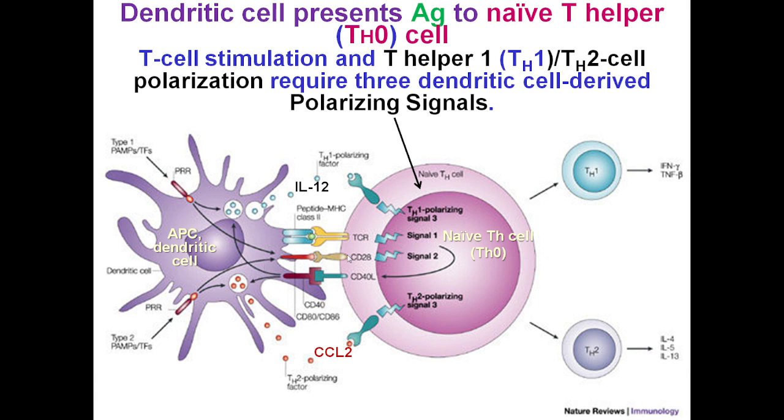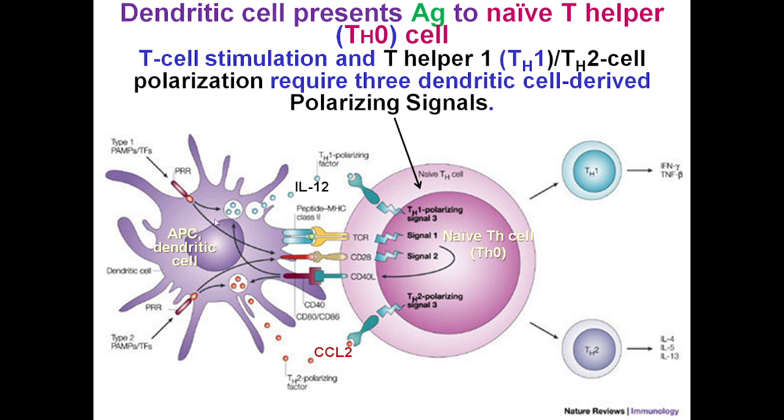Second signal, co-stimulatory signal. And the third signal is humoral signal. When activated, the antigen presenting cell secretes either interleukin 12 or CCL2 chemokine.